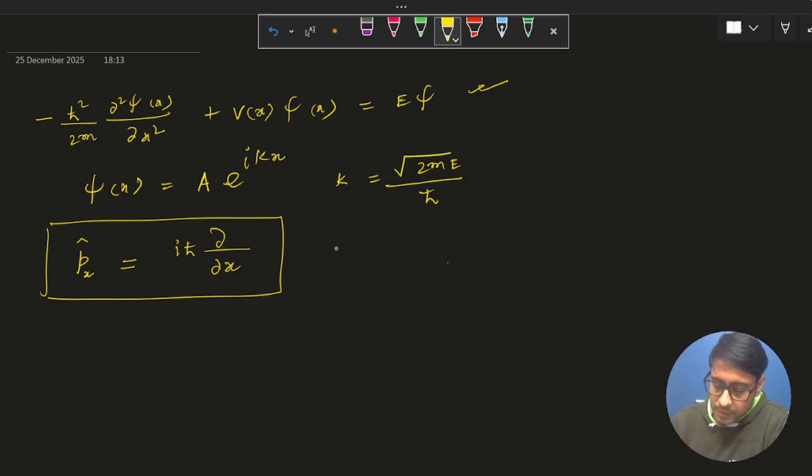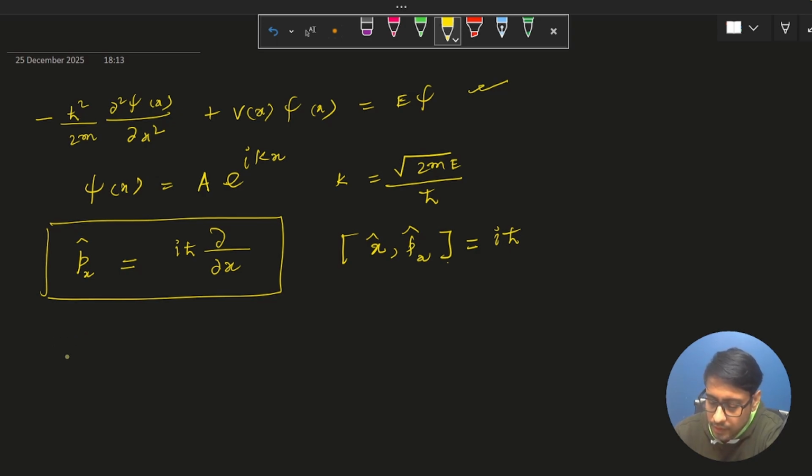Then we also proved that the commutation bracket of x and p_x is equal to i h bar.